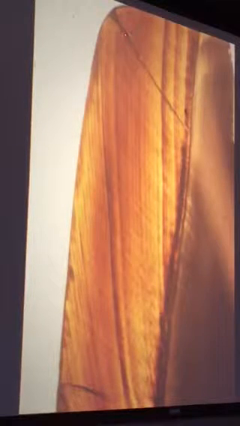Okay, and how about that thing right there? What is that? Enamel lamella. And again, we have lines of Retzius. And how about these lines we see going in that direction? Enamel striations or enamel stria.